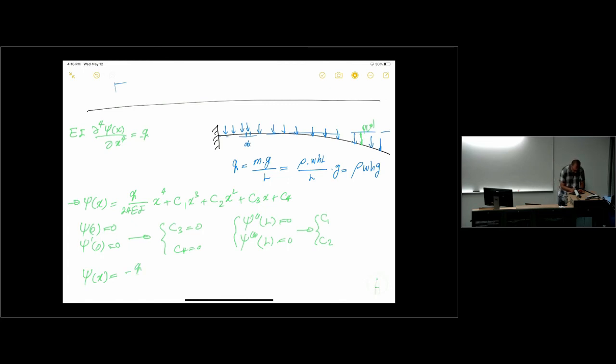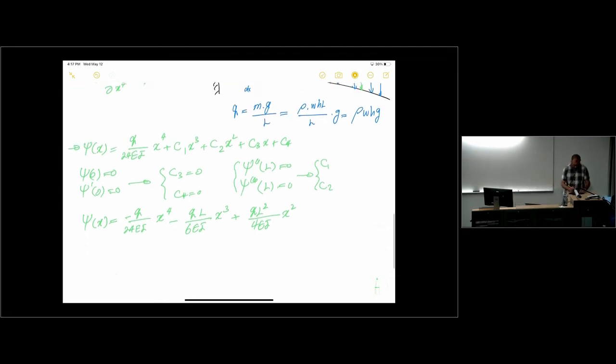So minus Q over 24 EI x to the 4, minus Q over 6 EI L times x cubed, plus Q L squared over 4 EI x squared. Okay? So that's the equation for psi of x at the end of the story.